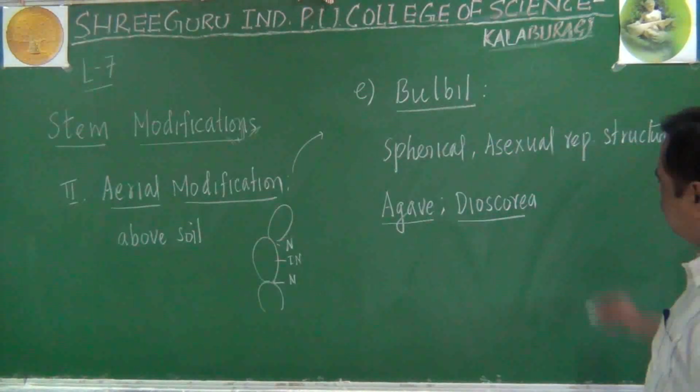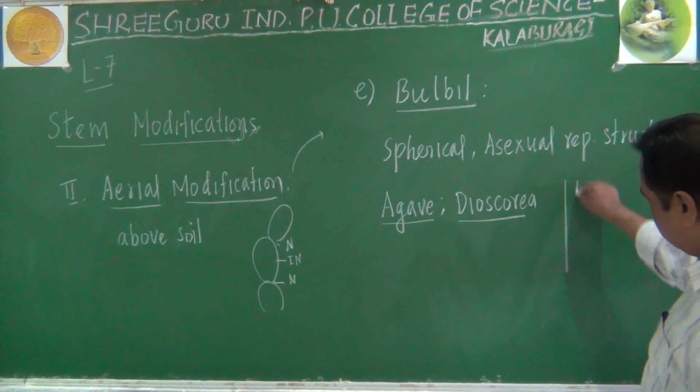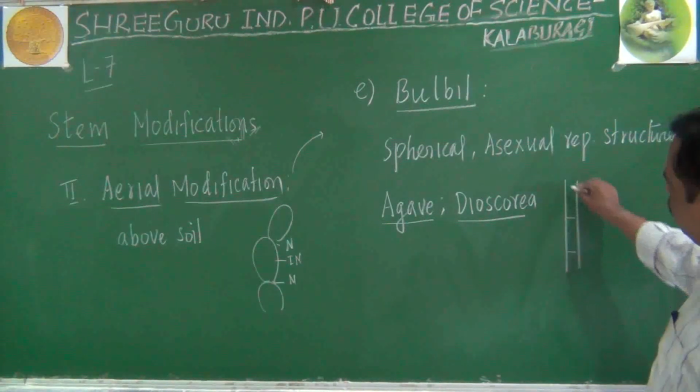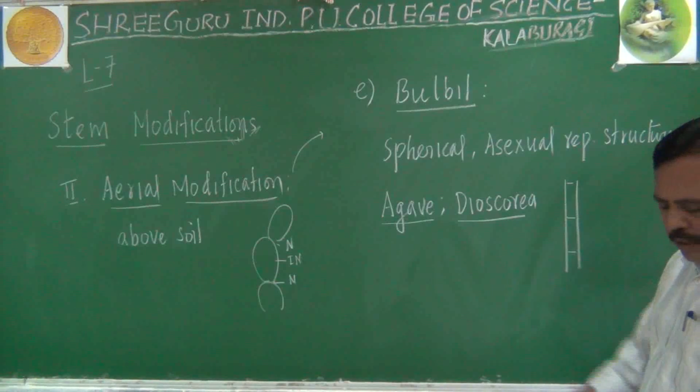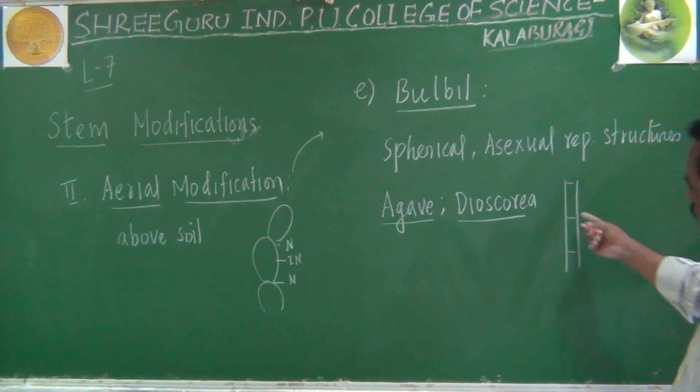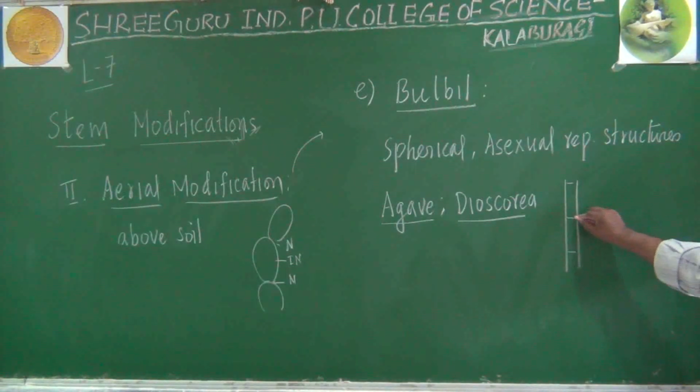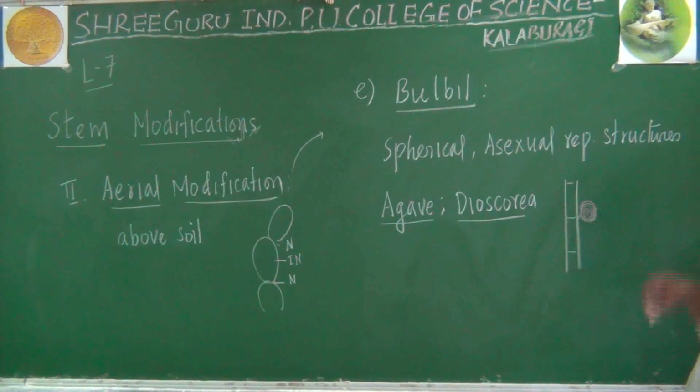Remember, in the bulbil type, the stem will be like this with nodes and internodes. In the nodal region, an axillary bud will develop into a spherical shaped outgrowth like this. This spherical shaped outgrowth is called a bulbil, remember.